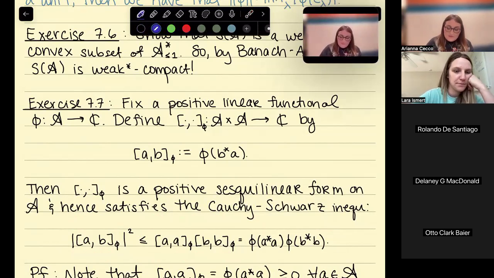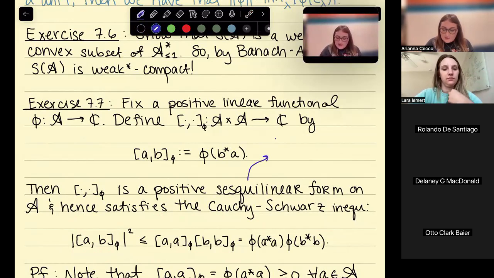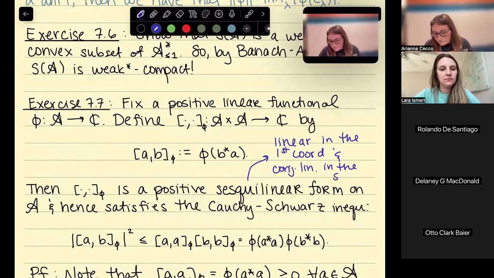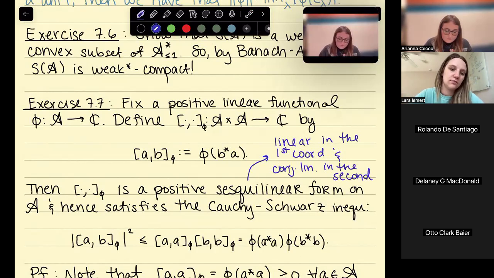A sesquilinear form is a map that is going to be linear in the first coordinate and, gosh, now I can't think of the word, conjugate linear in the second. We'll check that for this map.